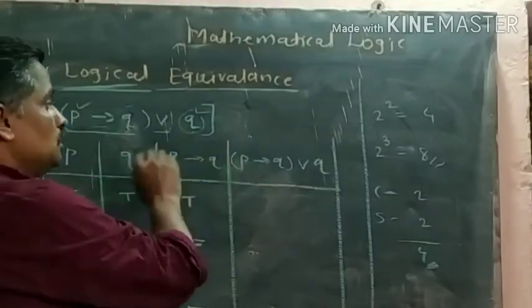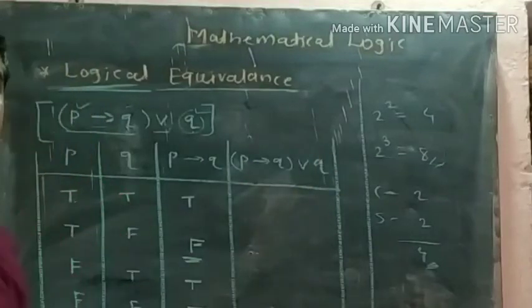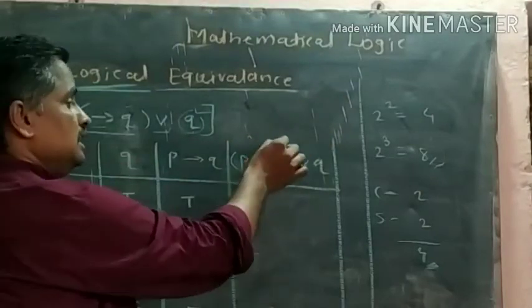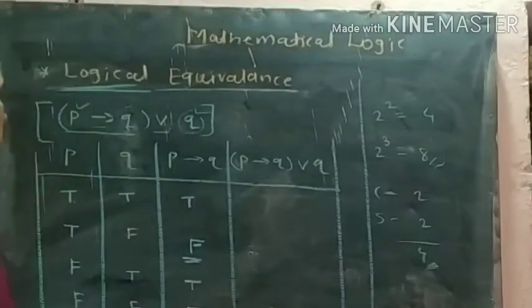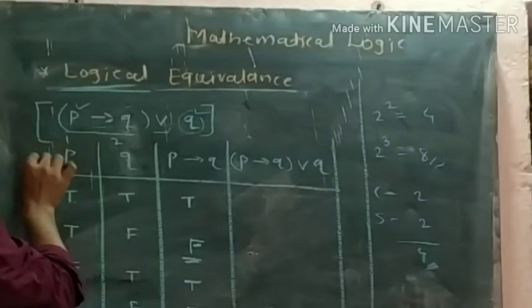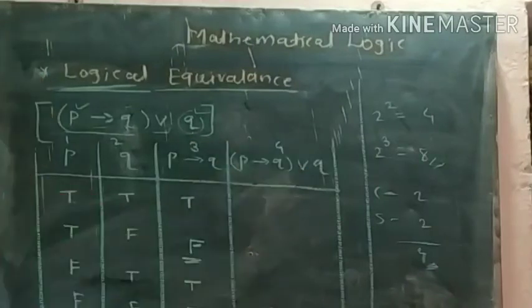Again, we want to consider P implies Q disjunction with Q. So constructing the last column. First of all, we give numbers to the columns, column 1, 2, 3 and 4.